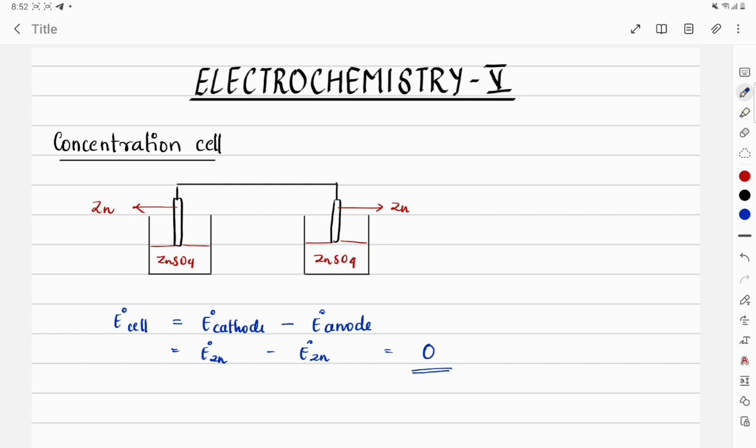When we use the same metal as anode and cathode, we get the same value for E0 cathode and E0 anode, which means E0 cell value will be 0. But this doesn't mean that E cell value should be 0, because E cell value, as I told, will be dependent upon the concentration of the electrolyte and electrode. In a concentration cell, since we change any one of these, definitely the E cell value will be changing accordingly.